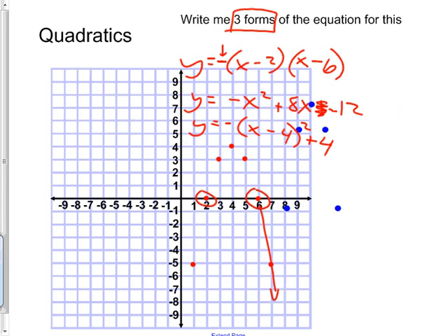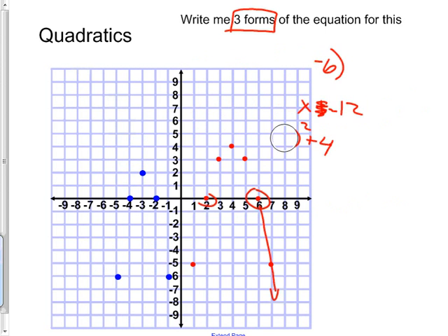This one is similar, but even a little tiny bit tougher because it's been stretched. Give that one a try. Start by writing the factored form of it. And don't forget, it's been stretched.